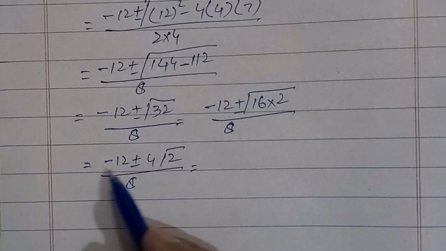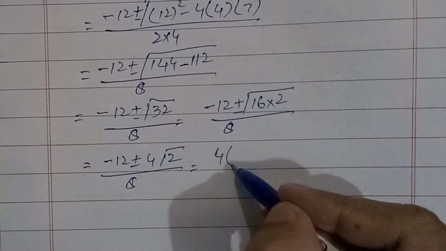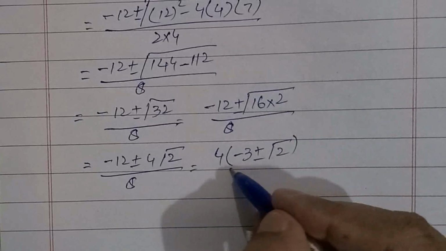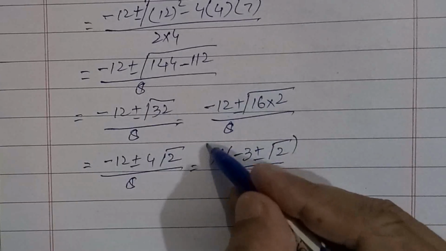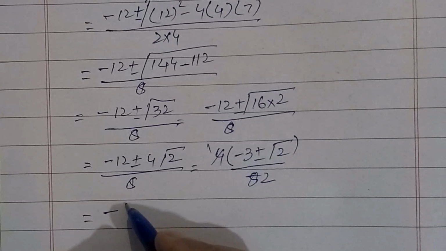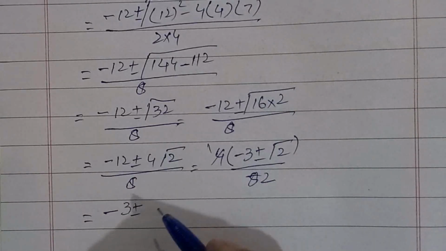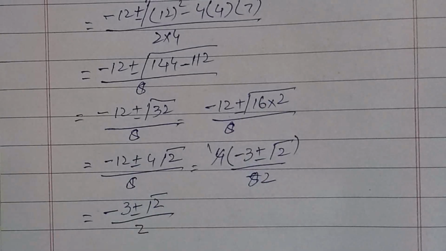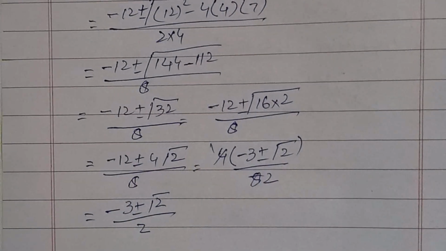Now in the numerator we take 4 common, minus 3 plus minus square root 2 over 8. 4 1s are 4, 4 2s are 8, and we get the value of x is equal to minus 3 plus minus square root 2 over 2. And this is the value of x.